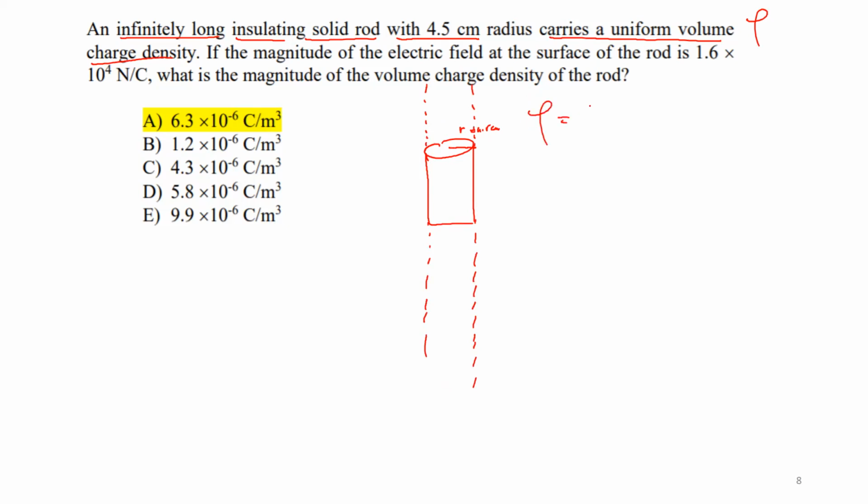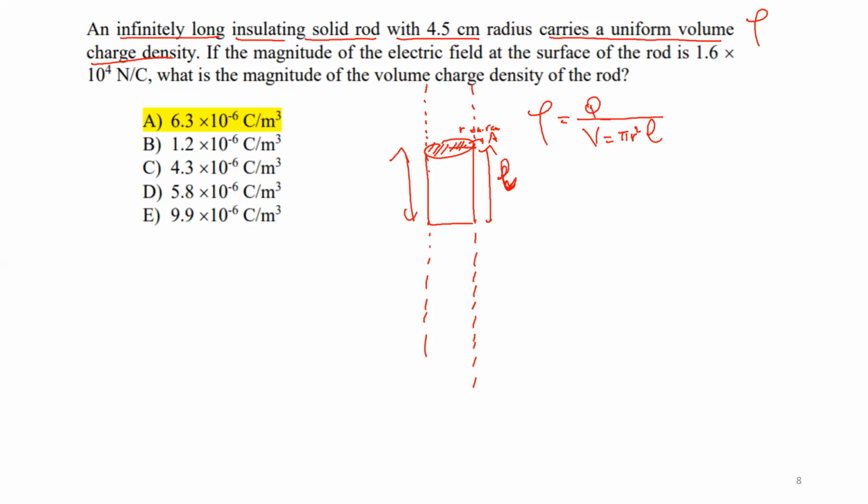Of course, rho will be the total charge of my rod divided by the volume of the rod. Now, what is the volume of the rod? It's a cylinder. So it's this area multiplied by this length. Let me call it L, not H. So V will be just pi R square multiplied by the length.